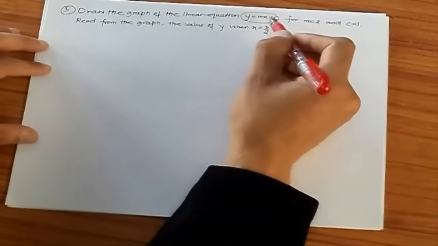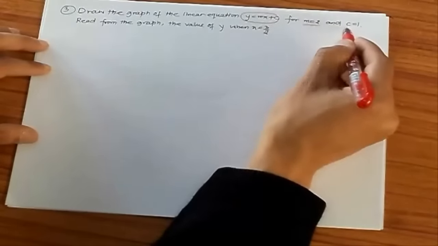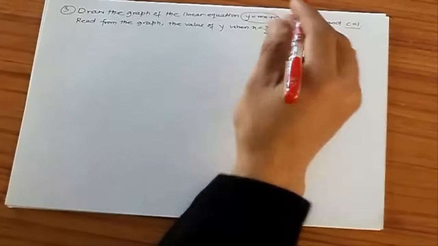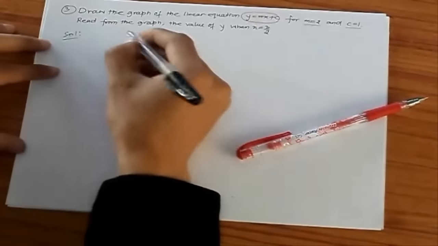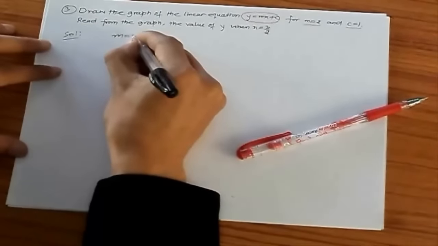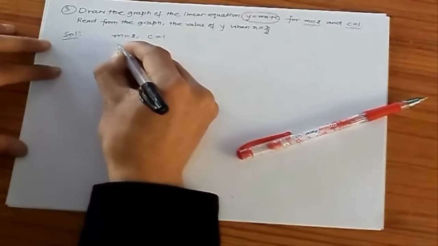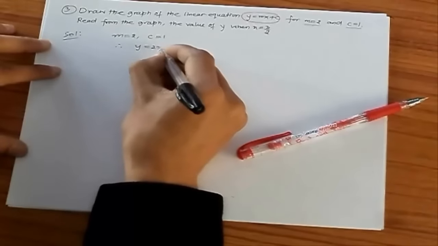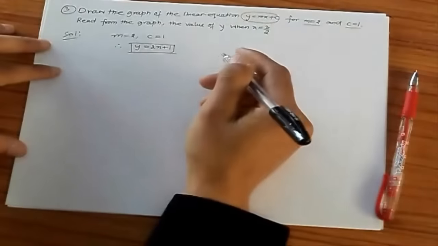So y and x are the variables, and m and c are constants. Here the m value is 2 and the c value is 1. So simply you have to replace m equals 2 and c equals 1. Therefore y becomes 2x plus 1. So this is our equation.